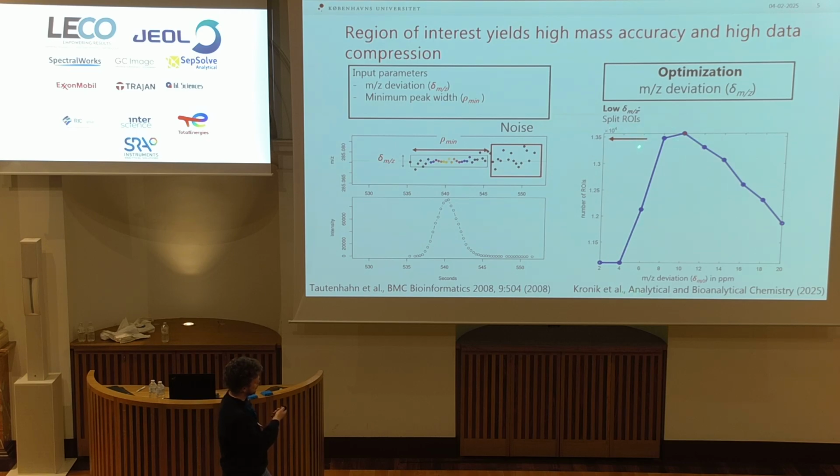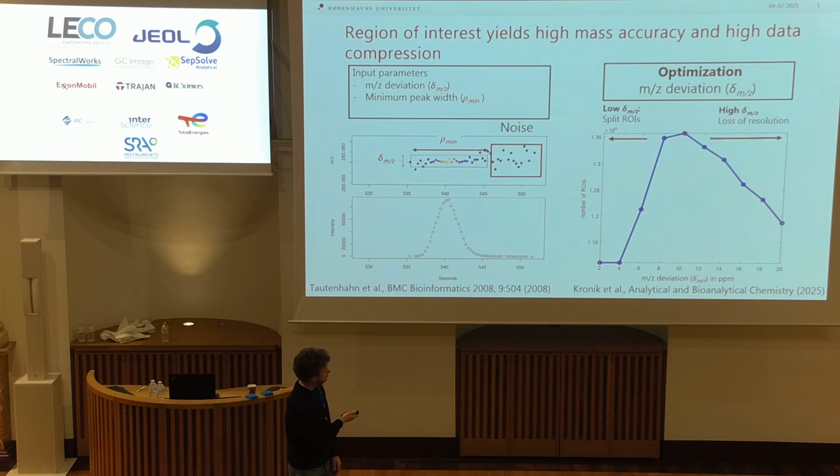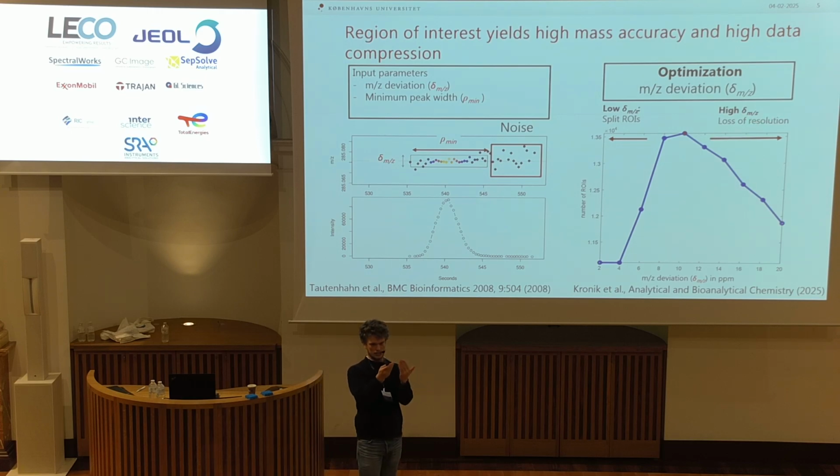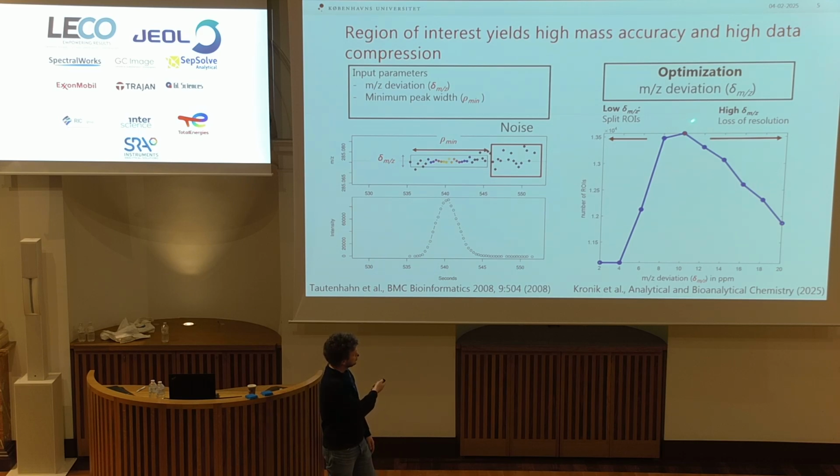If you have too low MSET deviation as the input parameter, you tend to split regions of interest because it's lower than the variance on the MSET. So this we don't want. But we also don't want too high MSET deviations, because then you mix things that were already separated in the MS, and then we also decrease the number of MSETs. So then we suggest to use this one. And this is then independent of the data analyst.